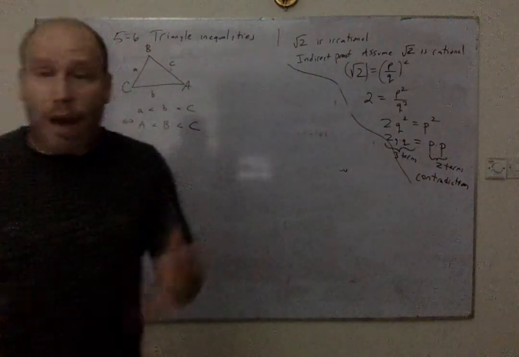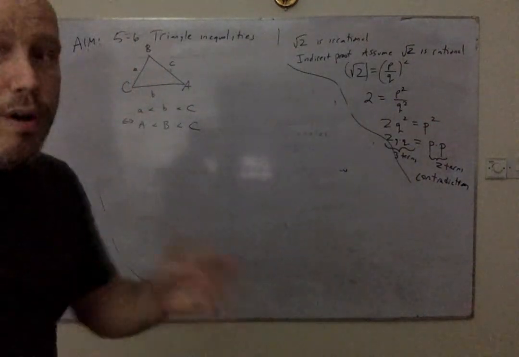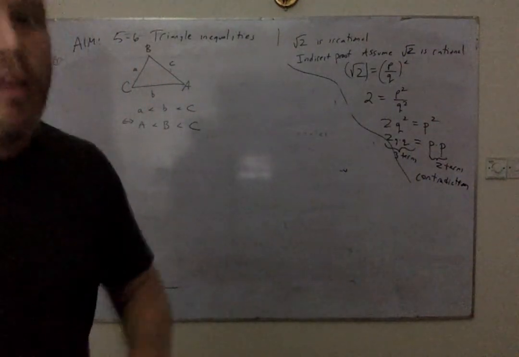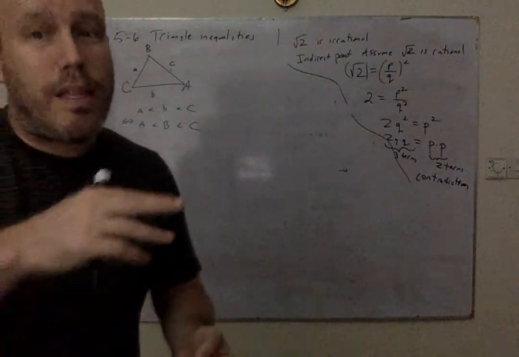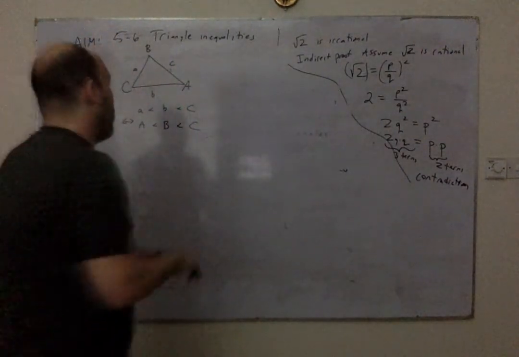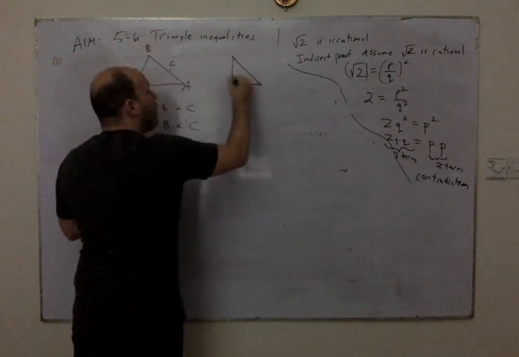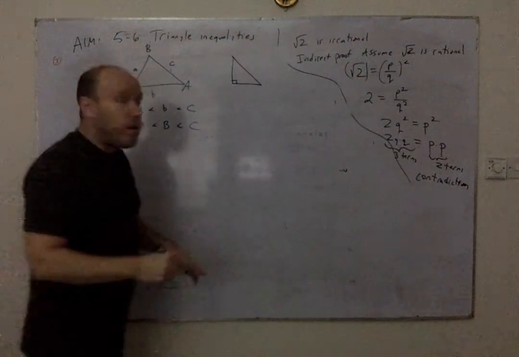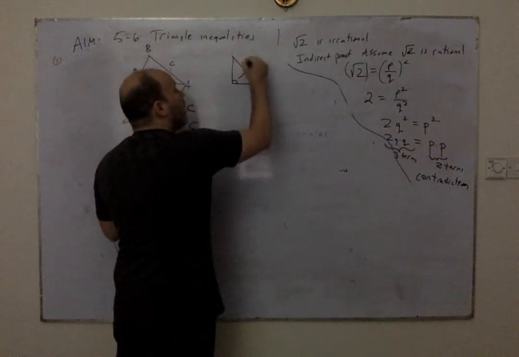Once again, it seems obvious, but we know that we have to prove it, but we don't have time for that. Once again, the order of the sides corresponds to the order of its opposite angles. So, if you have a triangle, let's say a right triangle, we know that the hypotenuse is the longest side.